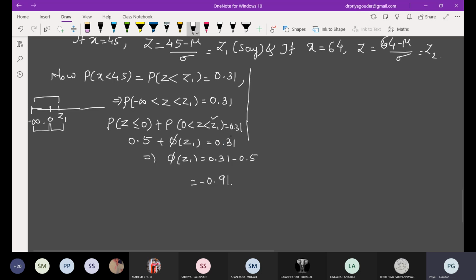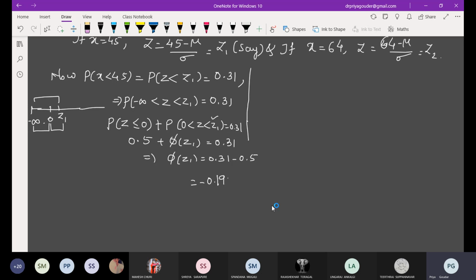Or else take phi of some value and search for the value which is near to 0.19. That is like trial and error. Sometimes it is given in the question only.